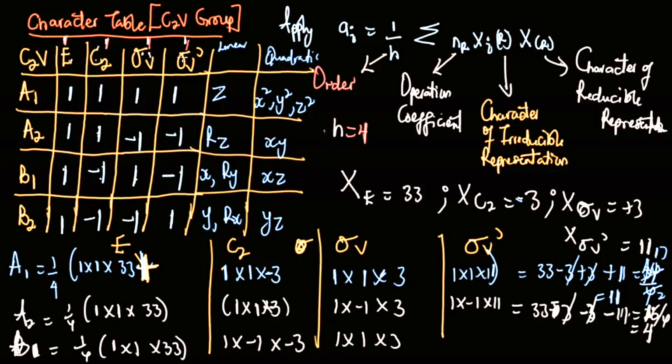And the last one will be 1 times minus 1 times 11. So everything will be equal to 33, plus 3, plus 3, minus 11, over 4. So this one becomes 28 over 4.